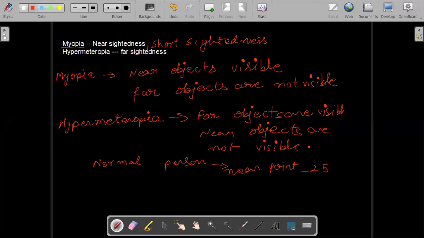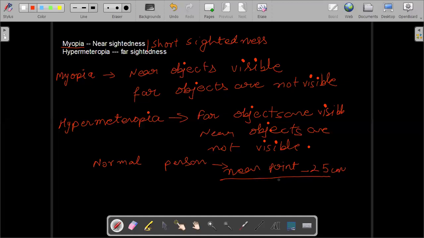That means he cannot see the objects placed at 25 centimeter. Maybe he is not able to see the objects up to 30 centimeter. So this refers to the near point. Near point means the point at which the person is able to see the objects clearly. Understood? So for a normal person, it's 25 centimeter.